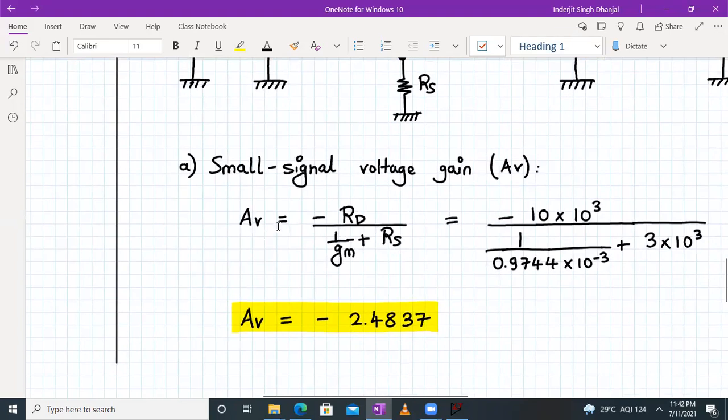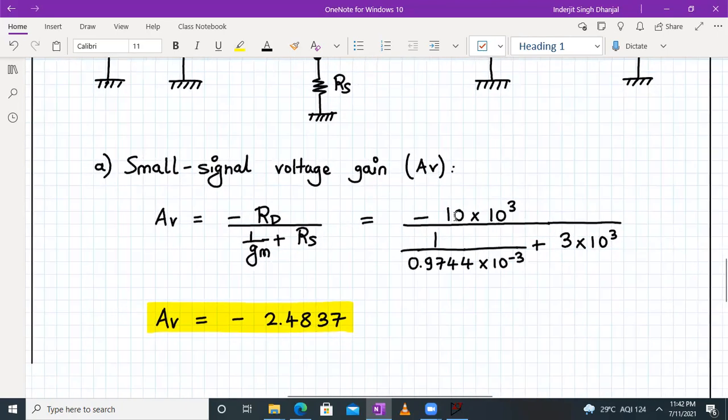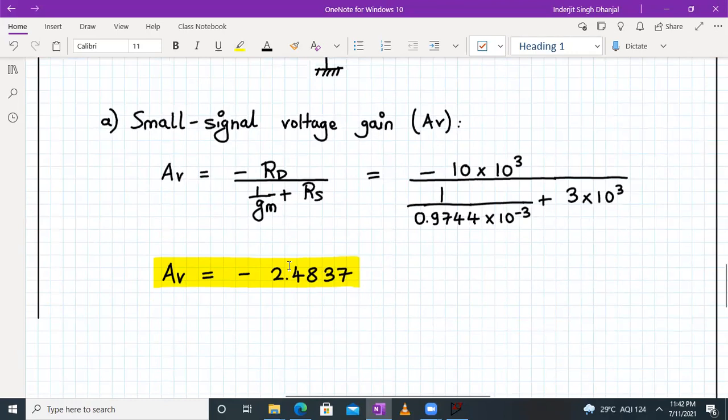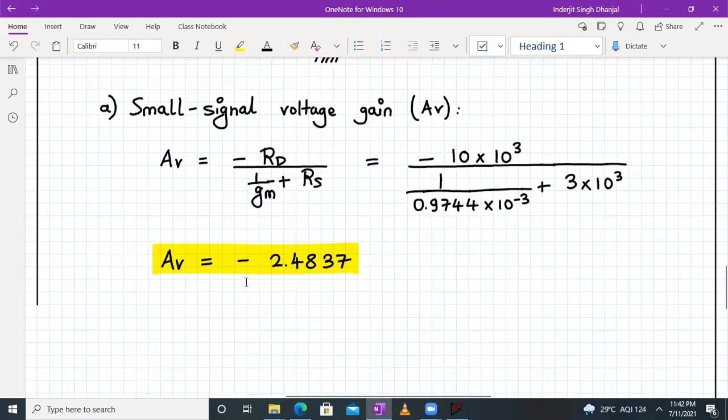So AV will be given by minus RD divided by 1 upon GM plus RS. So we know the value of RD, we have calculated the value of GM, and we know the value of RS. Plug in all the values in the calculator and you will get the small signal gain AV equal to minus 2.4837.